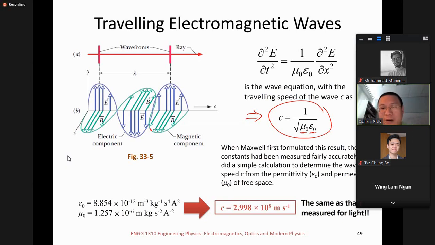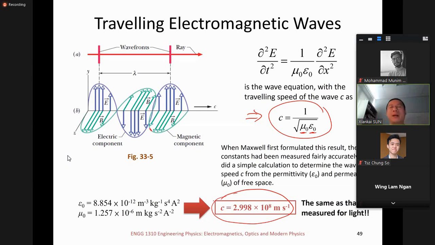So he just did a very simple calculation and found out the wave speed should be 2.998 times 10 to the 8th power meters per second. At that time, people had already measured the speed of light, and it's quite close to that value. So he immediately realized that light might be a form of electromagnetic wave. Well, at that time, that was just conjecture.